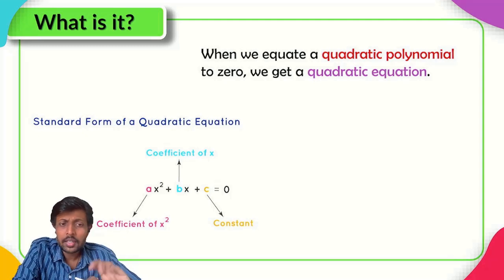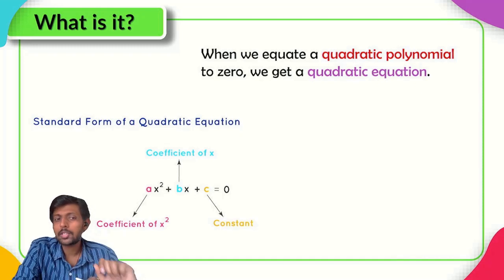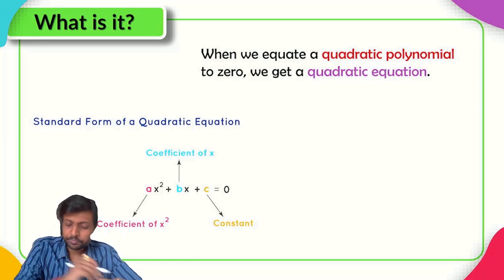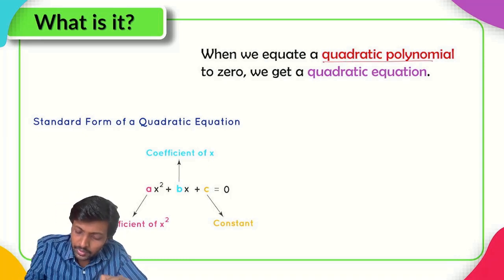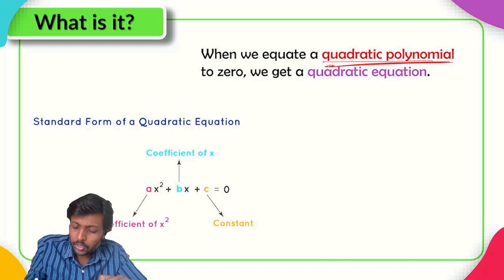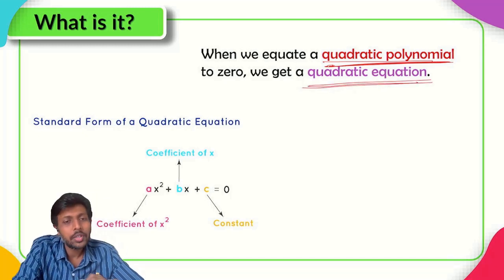All of us have studied the chapter on polynomials, and there we saw a degree 2 polynomial is called a quadratic polynomial. Quadratic equations and quadratic polynomials are actually related to each other.